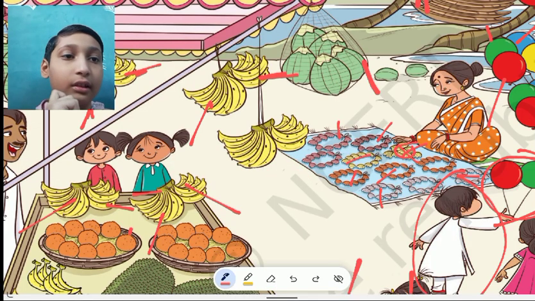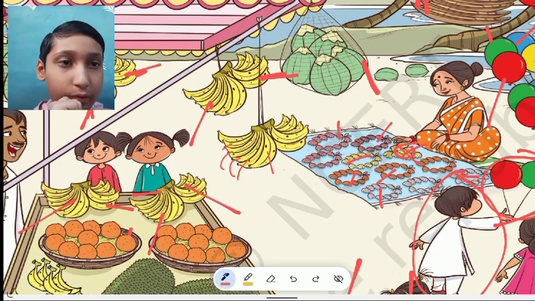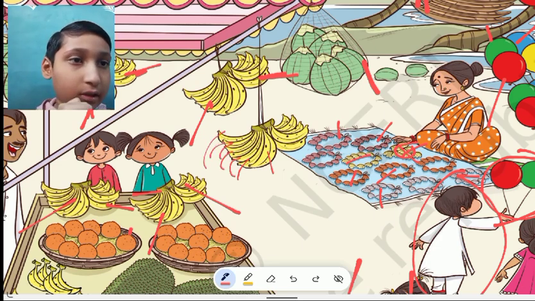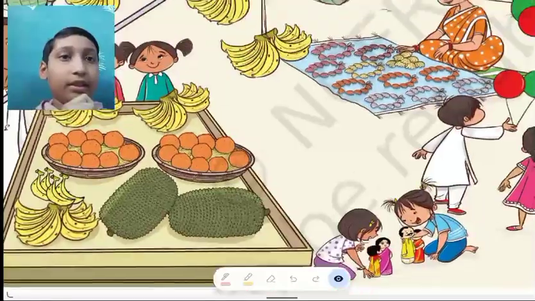So then there are 1, 2, 3, 4, 5, 6, 7, 8, 9. Yes, there are 7 bananas in each bunch.